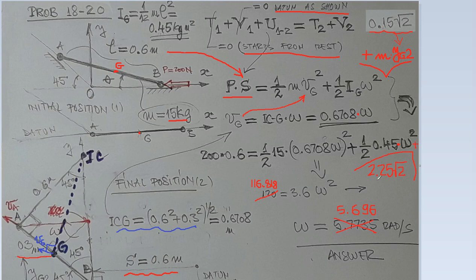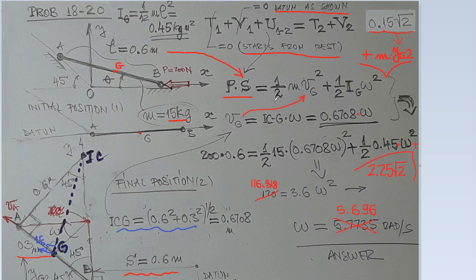Some coincidence here. So when multiplied by omega squared, it's 3.6. The free terms are 116.818. Final answer: omega is 5.696 radians per second.